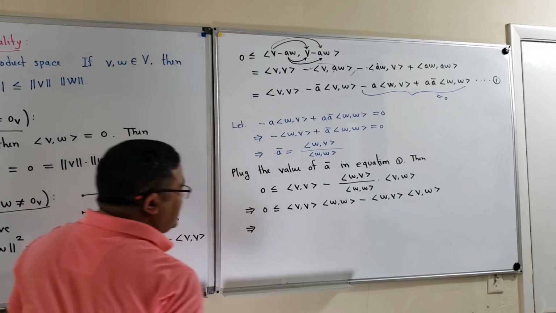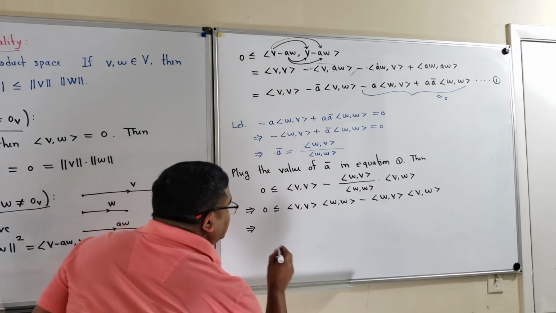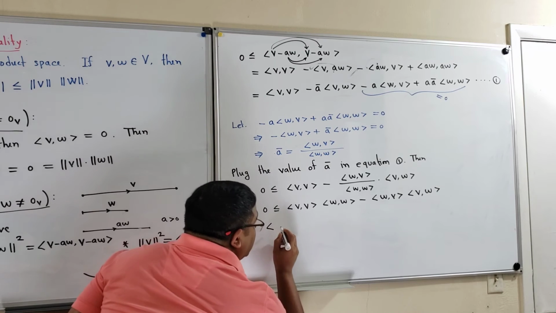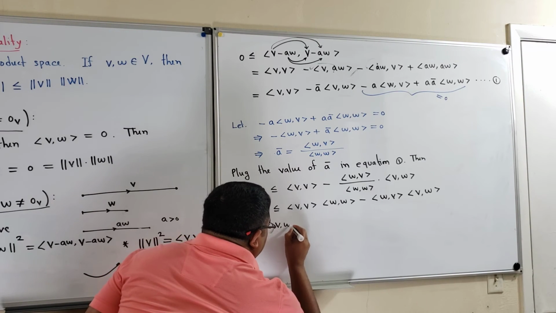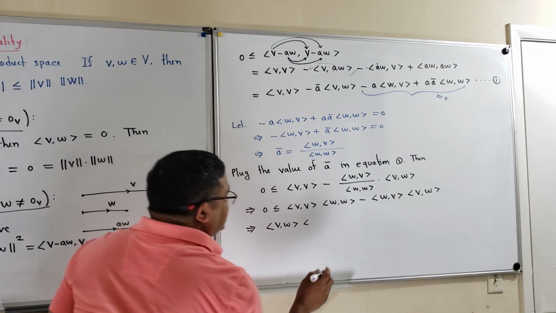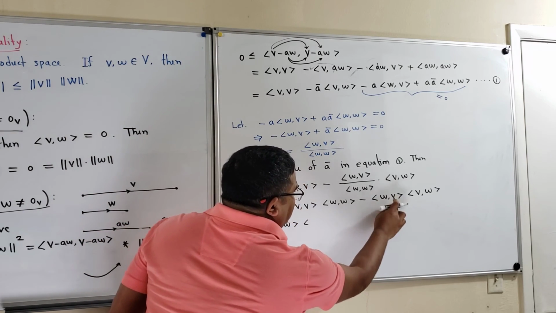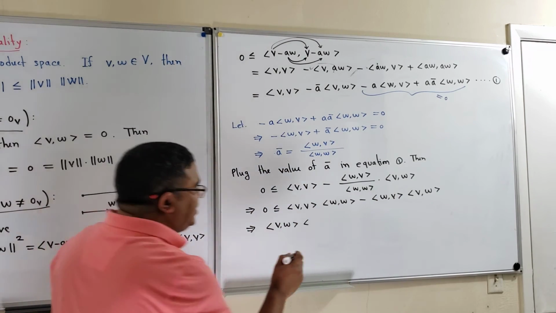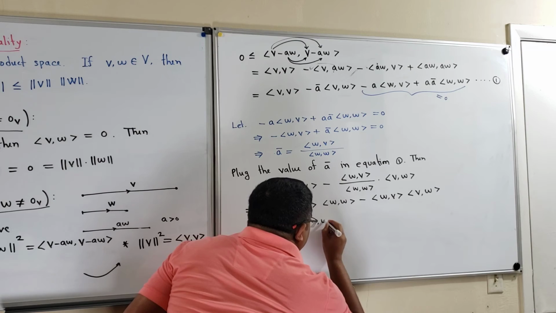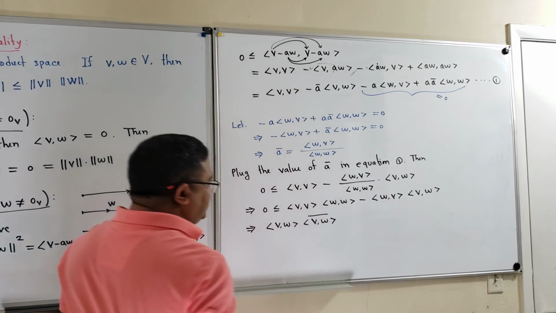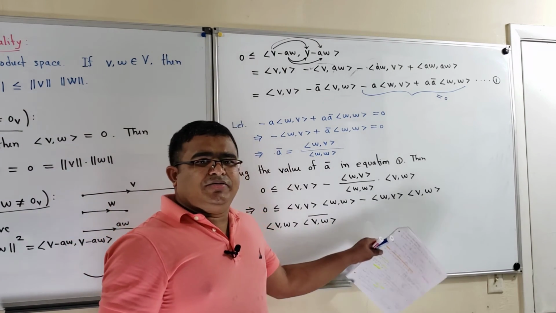So this one we can rewrite as inner product of V, W times inner product of, for this one W, V, if we switch, then it would be V, W conjugate. This is from the definition of inner product.